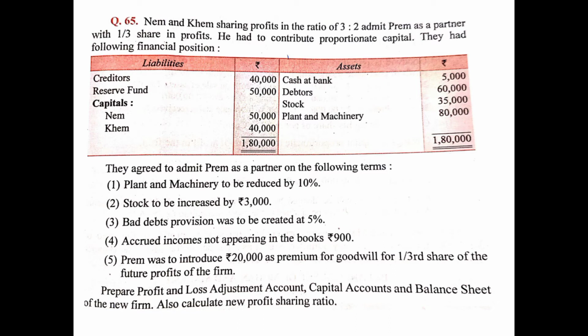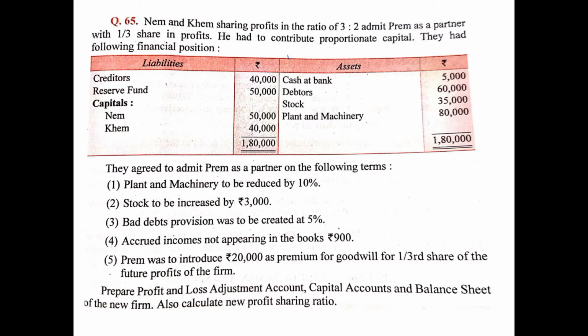So this creation of liability is an increase in liability which will be shown on the debit side of revaluation account as provision for bad debts, rupees 3,000. Then while preparing the new balance sheet of the new firm, you will show the value of debtors as 57,000, that is 60,000 of debtors minus 3,000 provision.